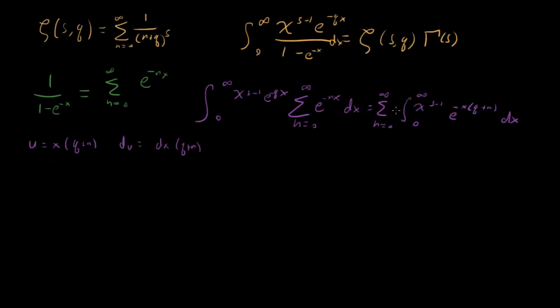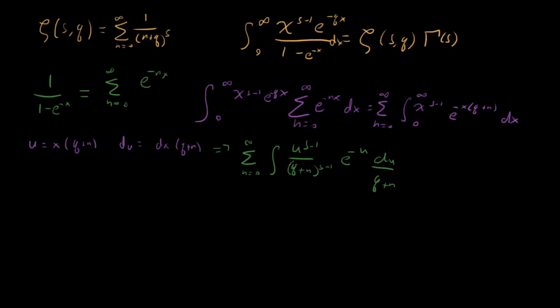This ultimately gets us down to this, where we have the sum from n equals 0 to infinity of the integral, and now let's be careful. x is equal to u over q plus n, so we're going to have u to the s minus 1 over q plus n to the s minus 1. Then we're going to have our e to the minus u, how we set it up, and then our dx is equal to du over q plus n.